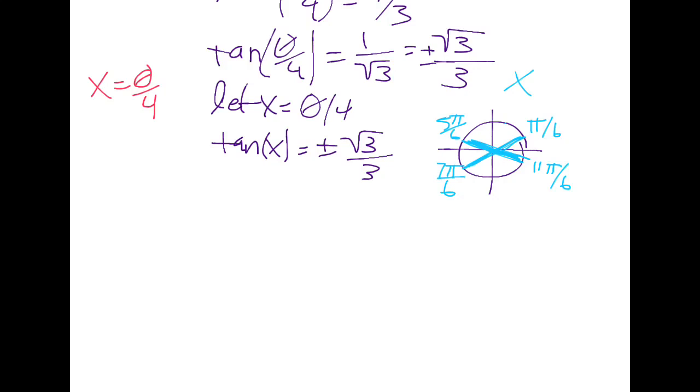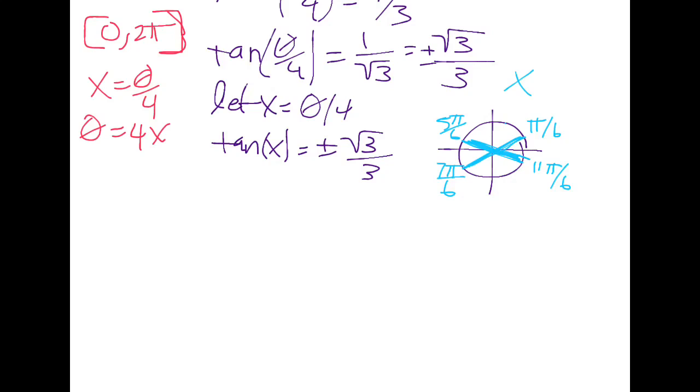That means that theta equals 4x. But remember, we're restricted to the domain of 0 to 2 pi. So if we're dealing with values that go greater than 2 pi, which is highly likely here since we're multiplying them, then we cannot accept those as solutions.